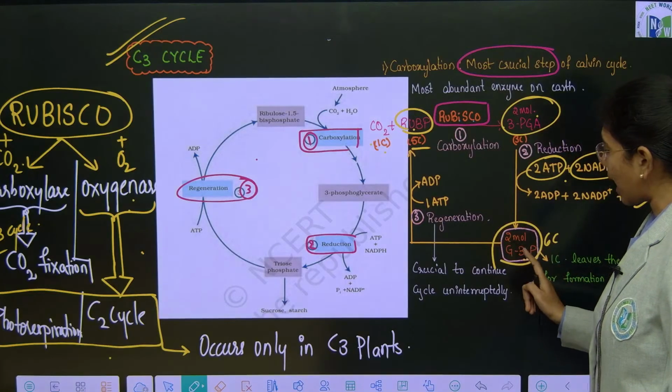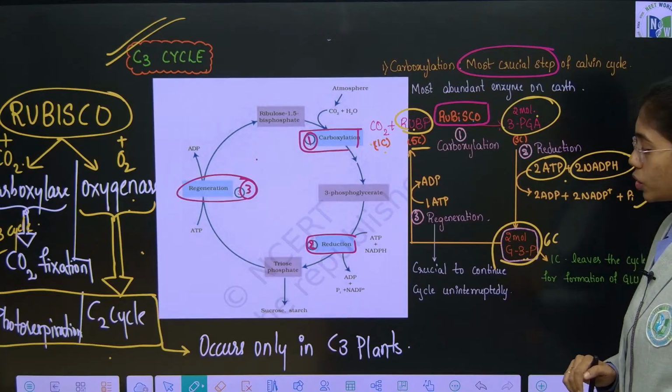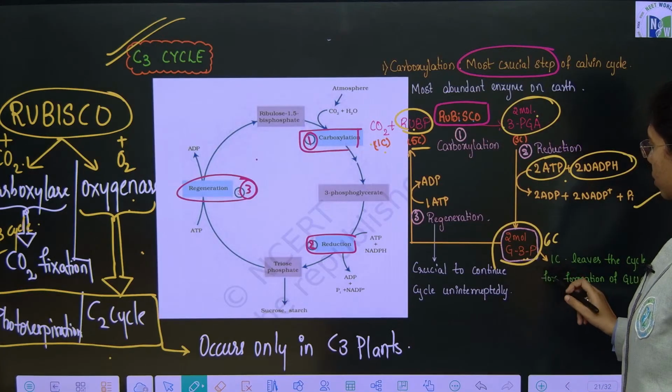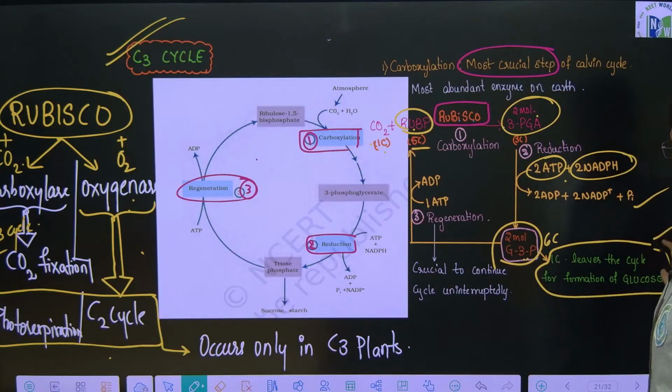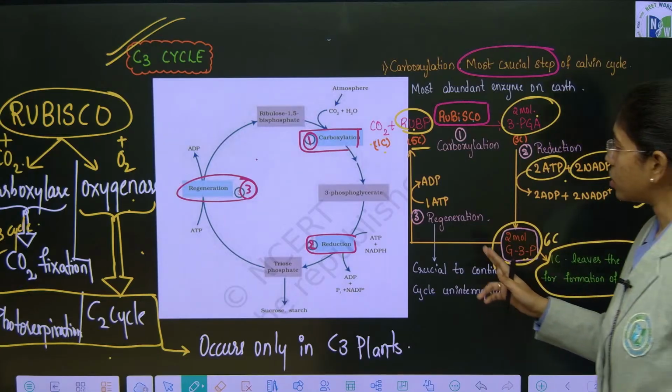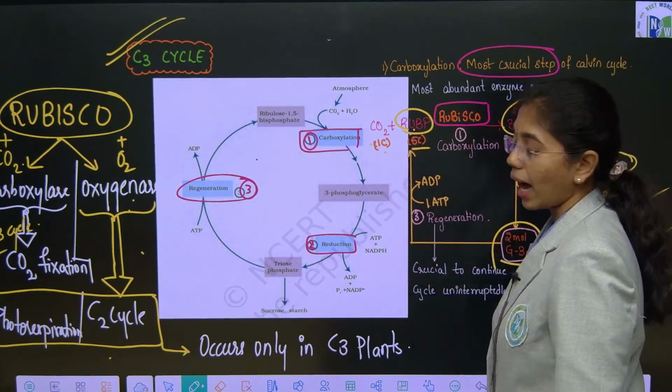From the 6 carbons of 2 molecules of glyceraldehyde 3-phosphate, 1 carbon will be leaving each cycle for the formation of glucose, that will be leaving into the stroma, whereas 5 carbons will be regenerated back for the synthesis of RuBP.